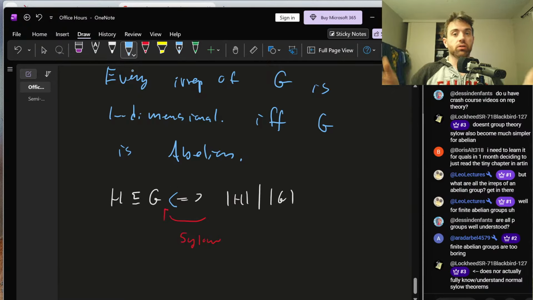I don't know if they fit into a nice pattern, to be honest. It's a bit of a chaotic zoo. So yeah, I would be surprised if there's a nice classification, to be honest.